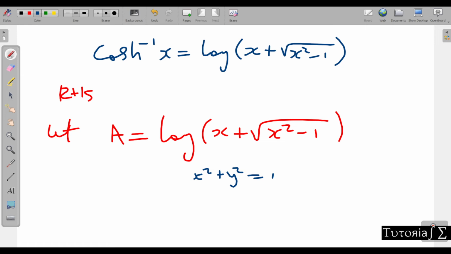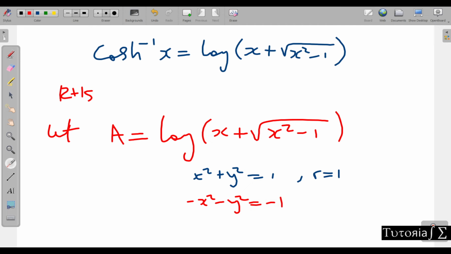It's coming from a circle with a radius 1. So we take note that the radius is equal to 1. But how does this change from this to there? This changes because we can multiply throughout by negative, so that we have negative x squared minus y squared is equal to negative 1.